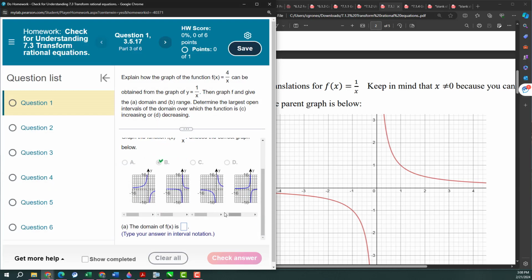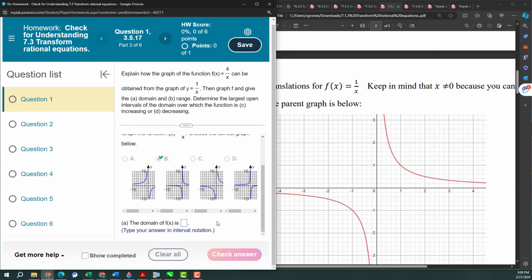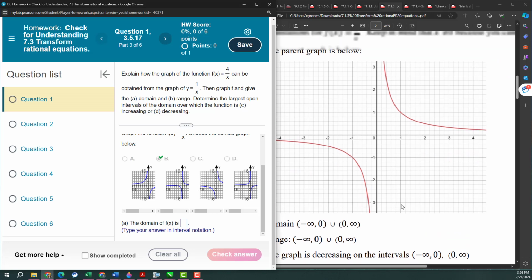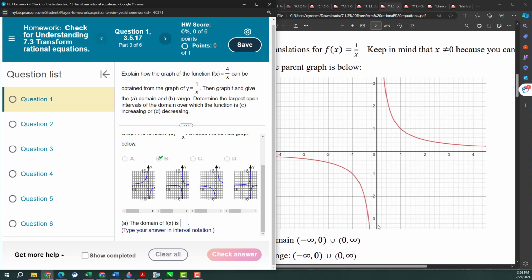Now for our domain, it is coming from negative infinity to infinity, but if you look, it is approaching the y-axis. So it's never going to touch, but it is approaching there.